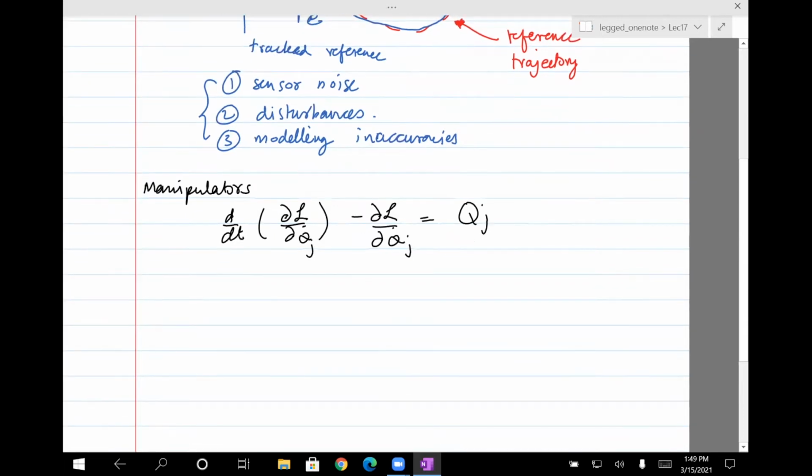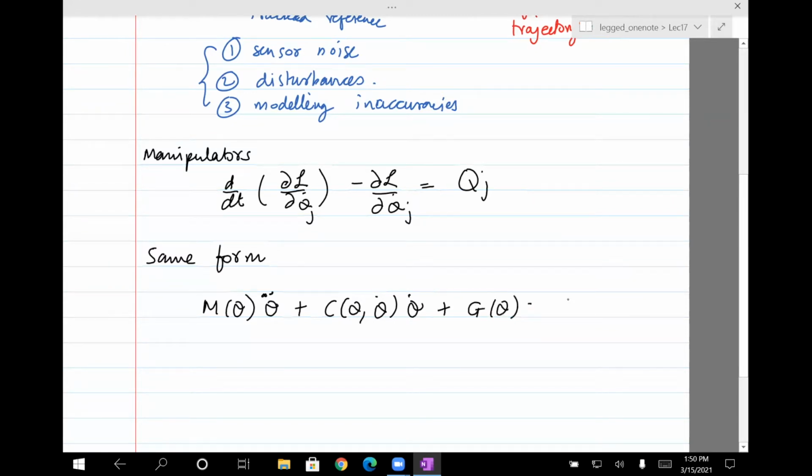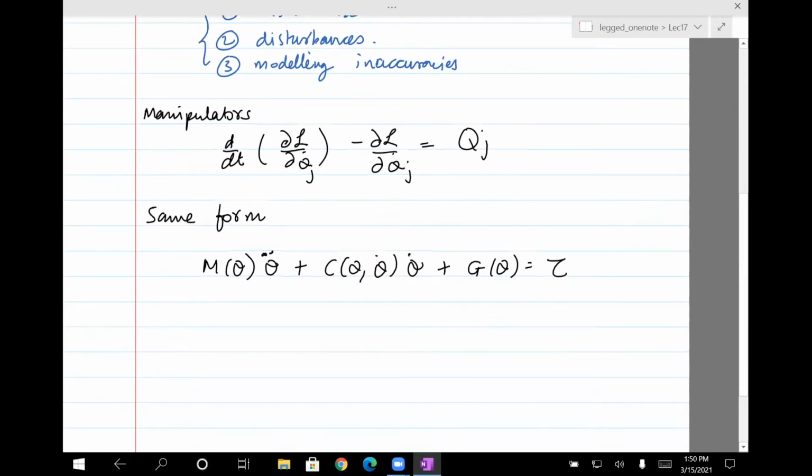Okay, so when you take this equation, that is the Euler-Lagrange equation, and then take the derivative, you end up with equations of motion, and these equations have the same form. The form is the mass matrix M(theta) times theta double dot plus C(theta, theta dot) times theta dot, that's the Coriolis and centripetal terms, plus G(theta) equals torque. Okay, so it's the same form.